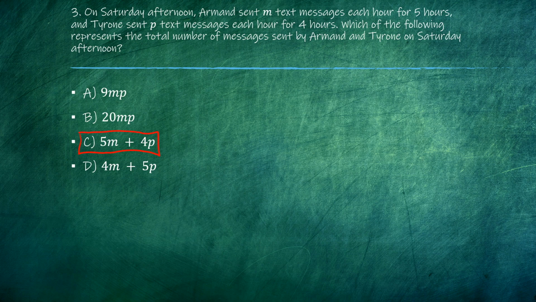To solve this question, we can first look at each individual person. So for Amanda, we know that she sent m messages per hour for 5 hours. So we know that she sent 5 times m messages Saturday afternoon.